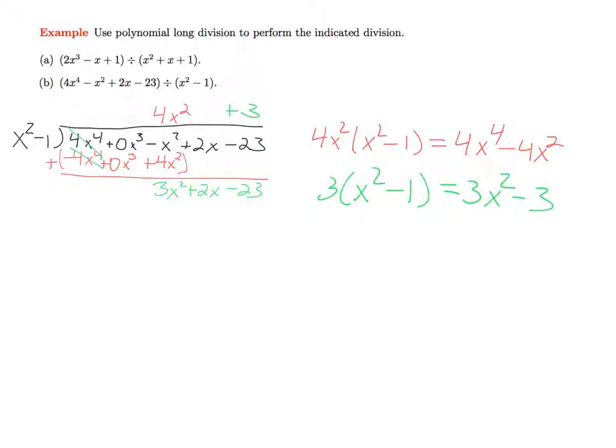Now we're going to subtract this. That gives me minus 3x squared, I have no x term, and when I subtract the minus 3, that is the same as adding 3. Now I see how my terms cancel out. So these cancel, again, which always should happen. My 2x comes down, and this gives me minus 20.